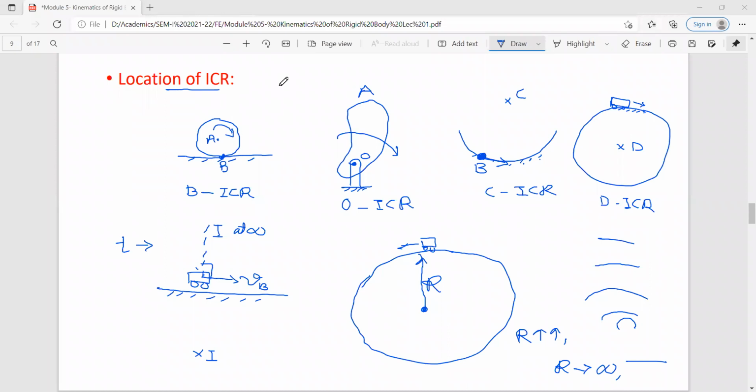Sir, could you explain this concept again, the earth one? Earth one, yes. So suppose you are in a bus and you are traveling on road surface.